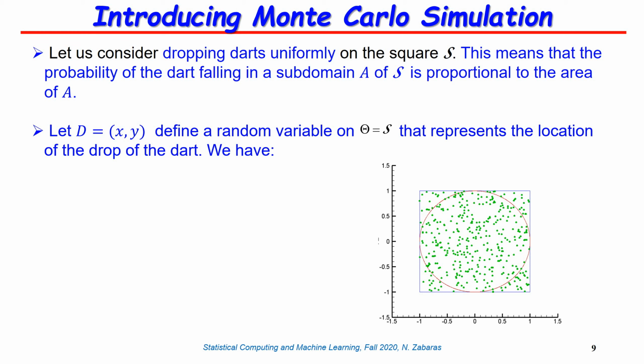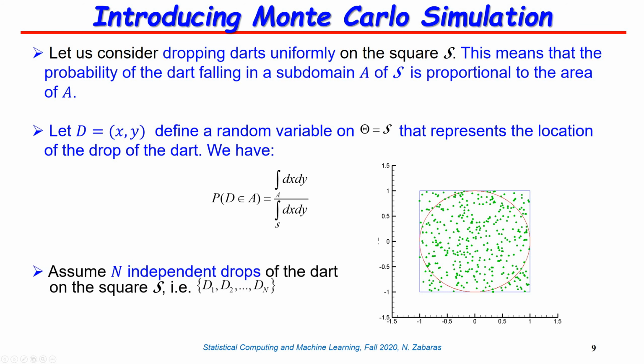If I want the probability that d belongs in a certain part of the domain A, this probability is nothing else but the area of A divided by the area of the square. So in our case, the probability that we will land inside the circle is nothing else but the area of the circle divided by the area of the square.